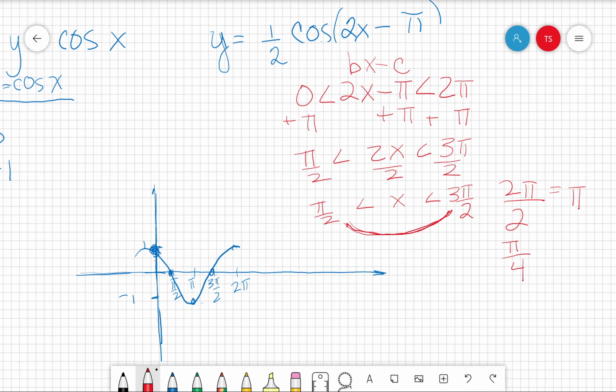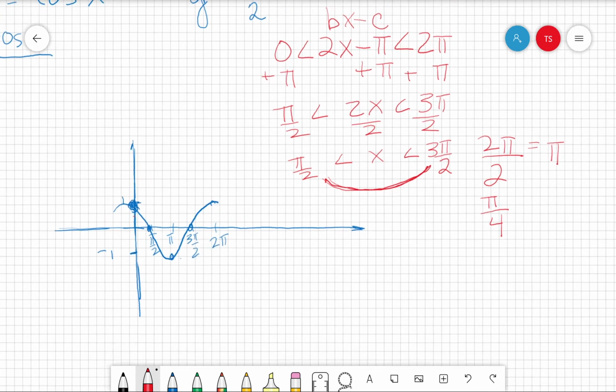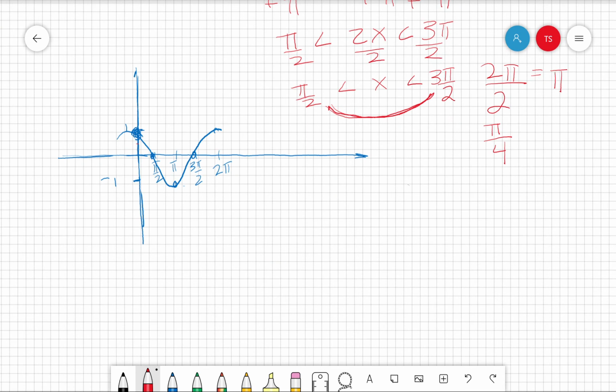So when I make my table of values, I'm going to start at pi over 2. And then I'll add pi over 4. So pi over 2 plus pi over 4 is 3 pi over 4.